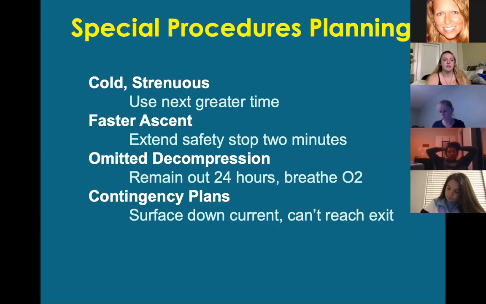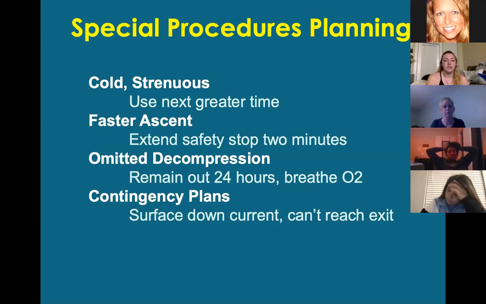For a faster ascent, you want to extend your safety stop for 2 minutes. Let's say you freaked out a little and started to ascend way too fast. You want to stay at your safety stop for an additional at least 2 minutes. If you're going up really fast, you have to be really careful.